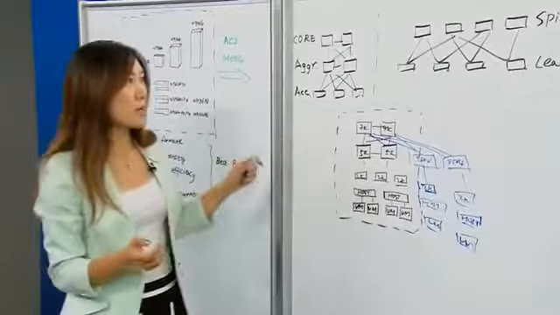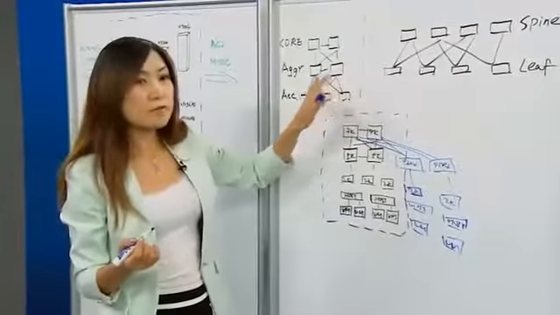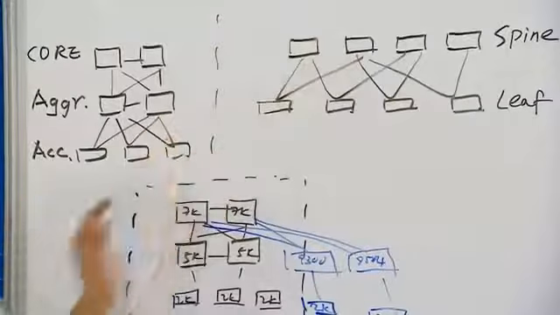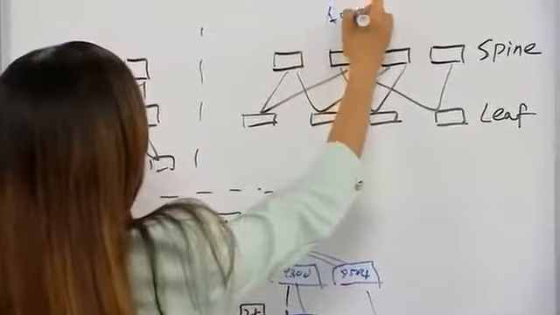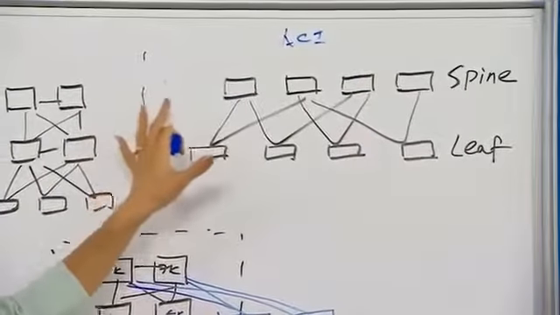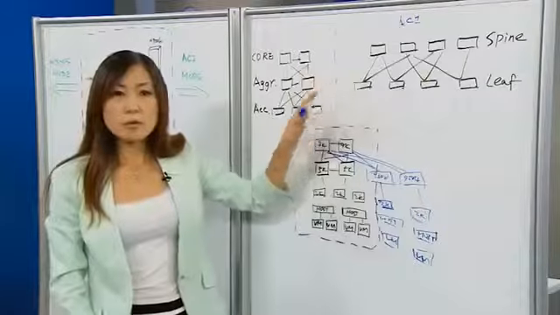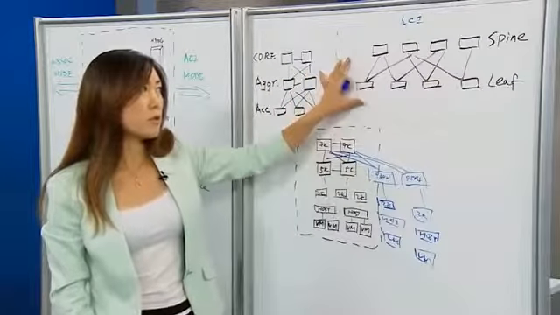And now, next step, when you build a new data center pod, you can use the 9K platform to build an ACI fabric, to fully utilize the benefit of ACI infrastructure, that is data center network automation enabled by an application-driven policy model.